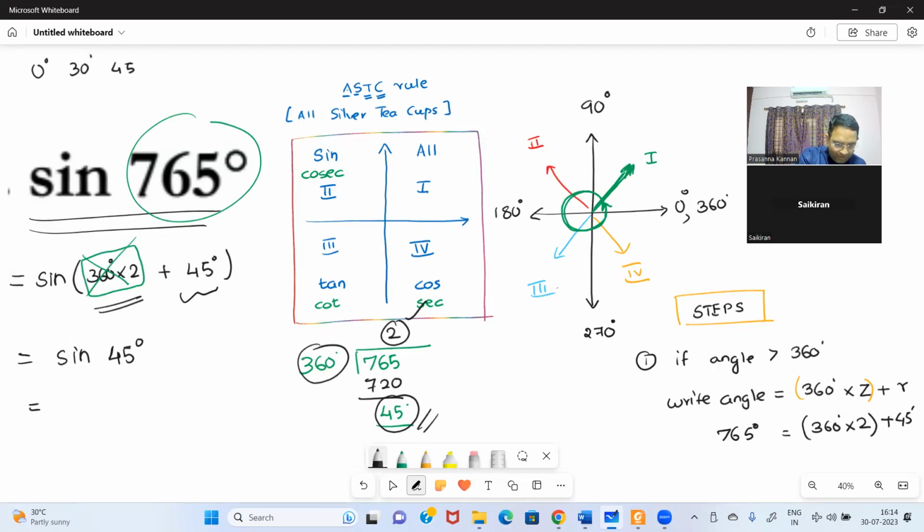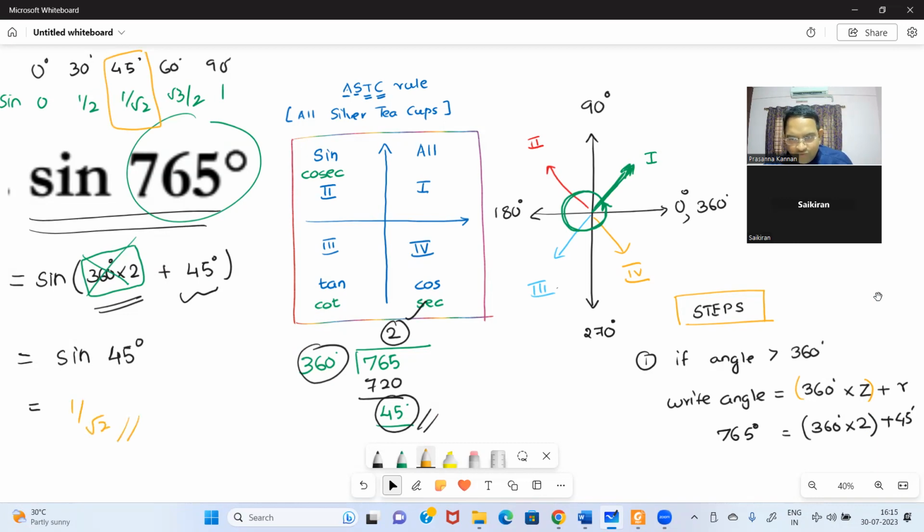You should practice and remember this. At least this much you should remember, which you learned in your lower classes. Sine 0 is 0, sine 30 is 1 by 2, sine 45 is 1 by root 2, sine 60 is root 3 by 2, sine 90 is 1. So what is sine 45? 1 by root 2. That's all. So your answer is 1 by root 2. Is it clear now?